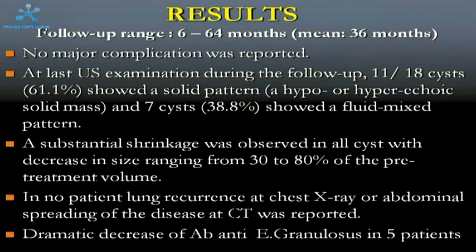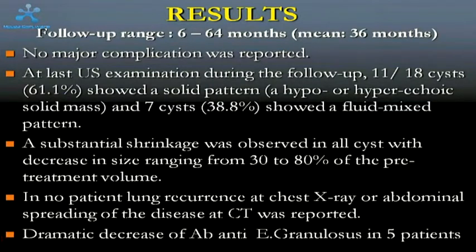As a result, the follow-up ranged up to 64 months with a mean of 36 months, but now the follow-up is longer. This is updated as of 1 year ago. No minor complication was reported. The last US examination during the follow-up showed a solid pattern in 11 out of 18 cysts and a fluid mixed pattern in 7 cysts.